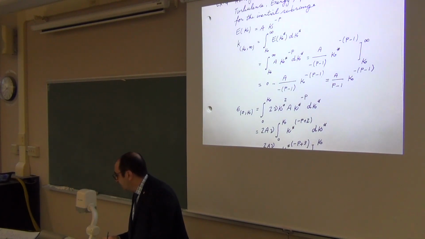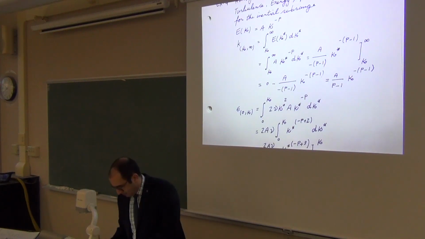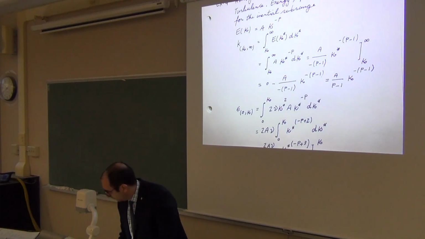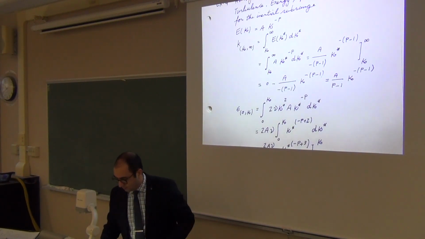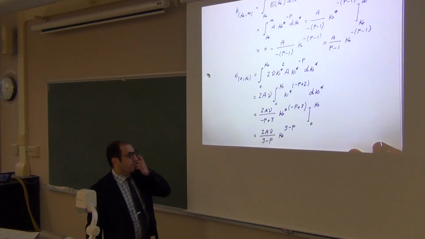Now this time if I put 0 here, I get 0, and the result is equal to A nu over 3 minus P, kappa to the power of 3 minus P, which is what I was asked to show in the problem.